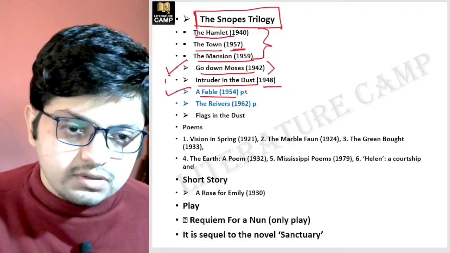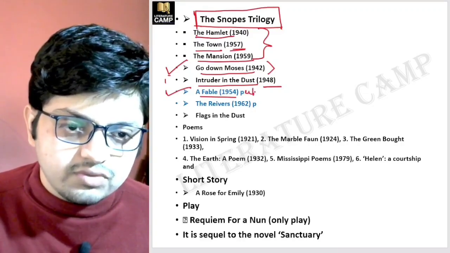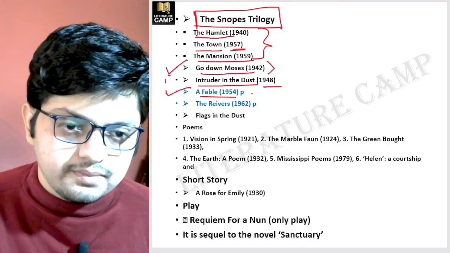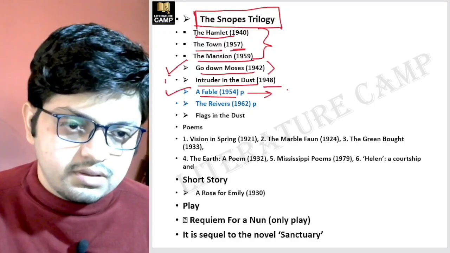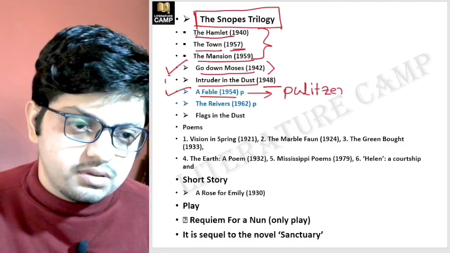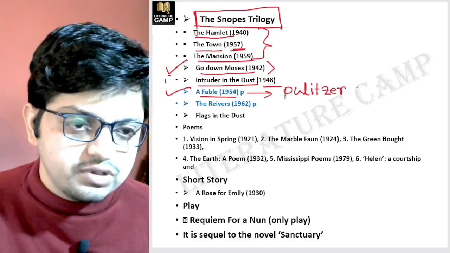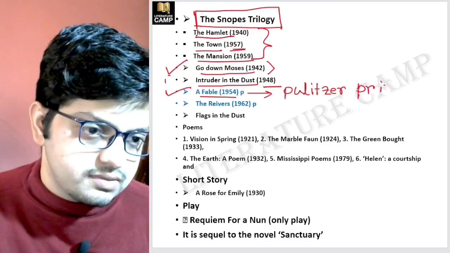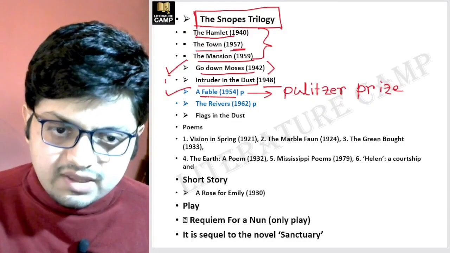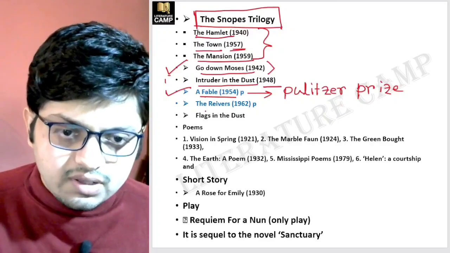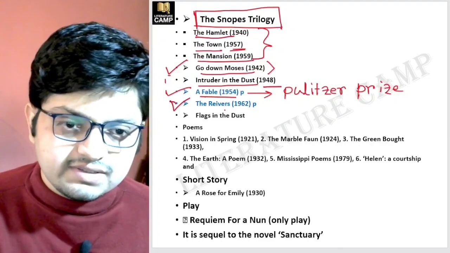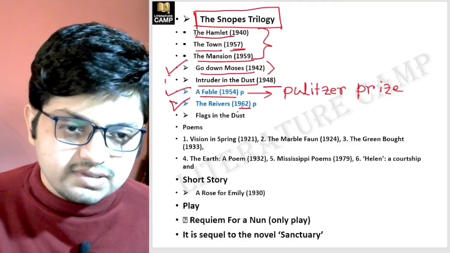And he also got the Pulitzer Prize for this work, A Fable. Next work, The Reivers, published in 1962.